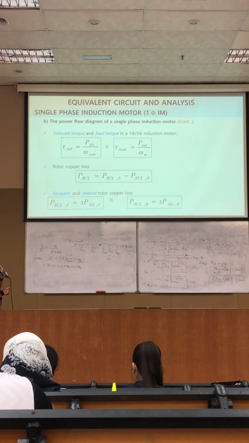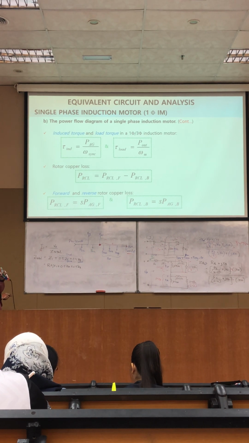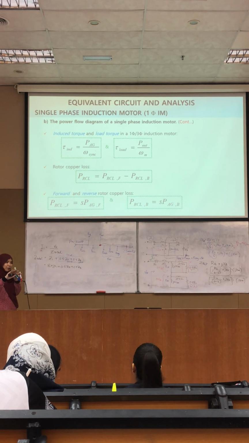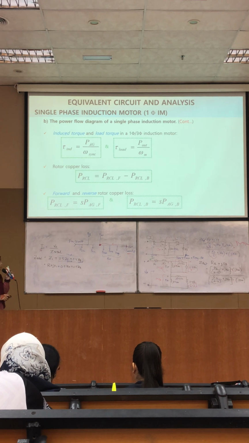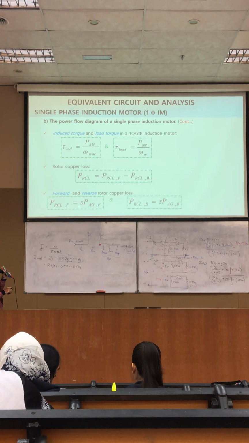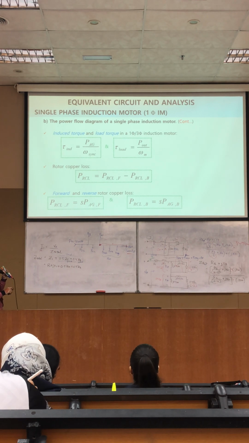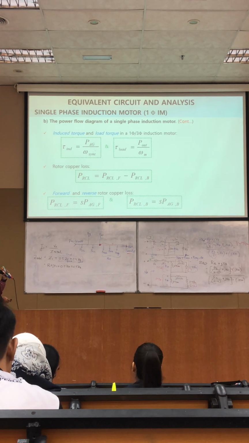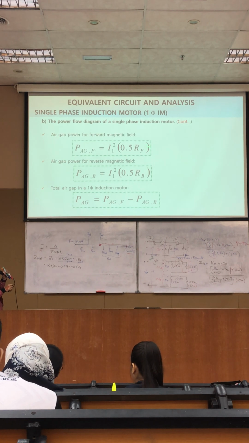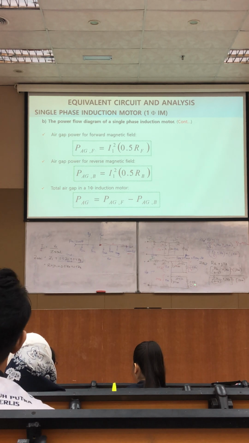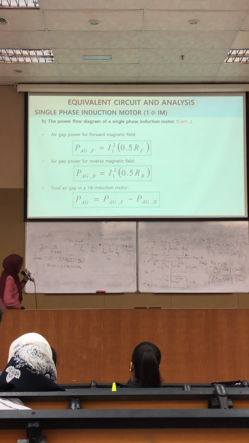And then rotor copper losses, because the rotor has the effect of pulsating forward and backward as before. So for the rotor we will take into account the forward and backward rotor copper losses. How do we get it? By using this: S P_AG forward and S P_AG backward. RF and RB, where is RF?